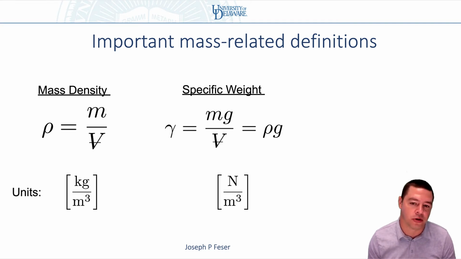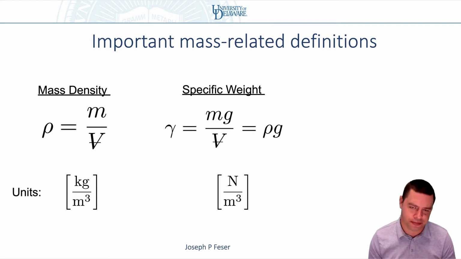So this has more to do with the forces that are created by a fluid rather than just the amount of fluid that exists. The definition is just the total weight divided by the total volume, or equivalently the mass density times the gravitational constant.